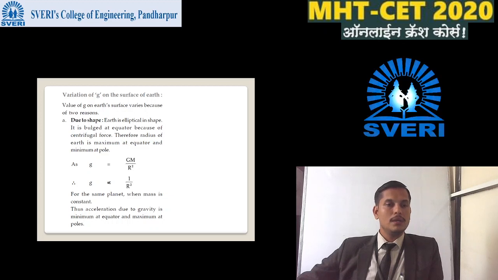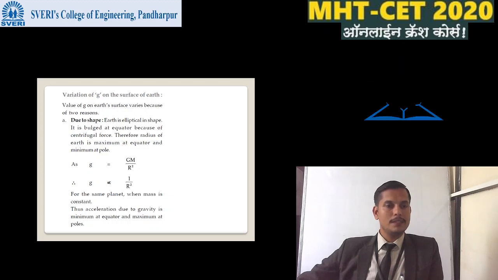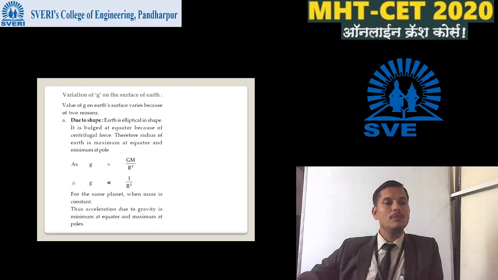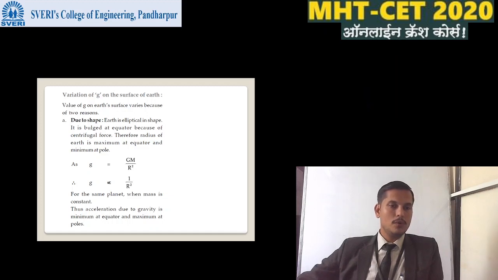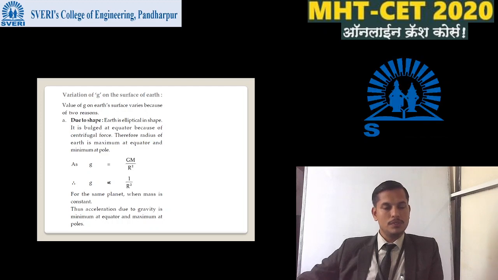Therefore, the radius of Earth is maximum at the equator and minimum at the poles, as g is equal to GM upon R squared. So it is inversely proportional to R squared for the same planet when mass is constant. Thus acceleration due to gravity is minimum at the equator and maximum at the poles.